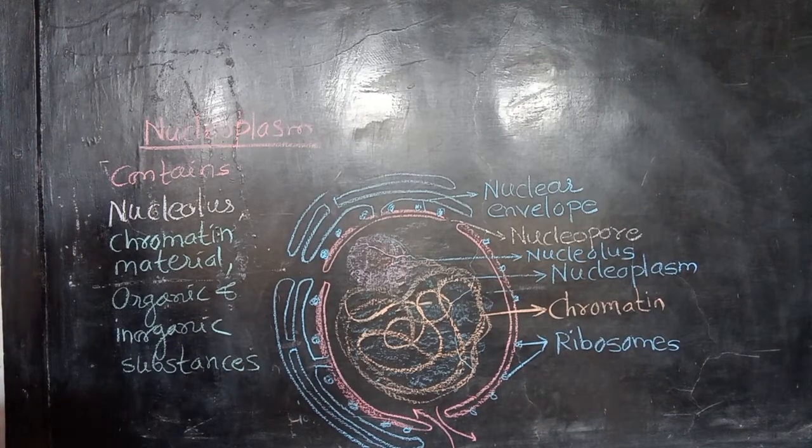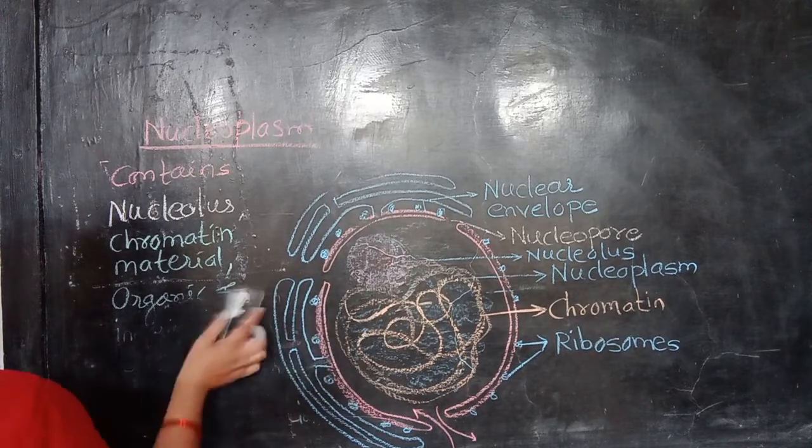So the main thing is chromatin material, which is present in the nucleus.